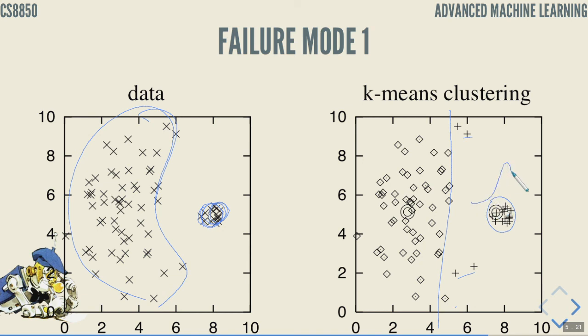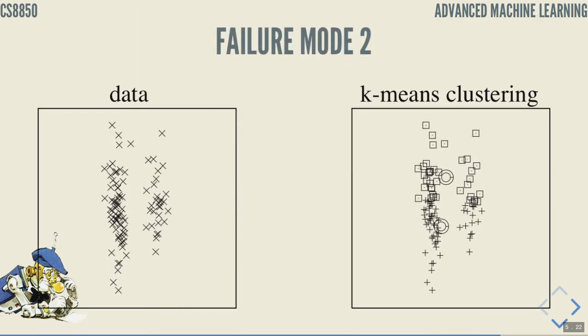Although if we were to plot the distribution based on the density of the samples, these samples would have very low probability of belonging to that class, whereas because of the high variance here, these samples have a high chance of belonging to this cluster. That was one failure mode.